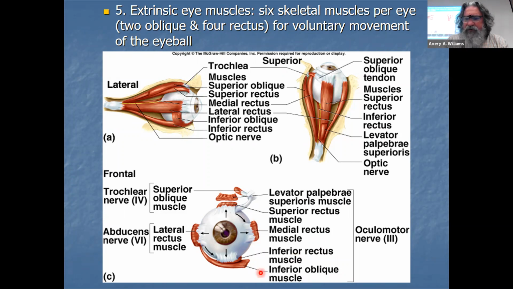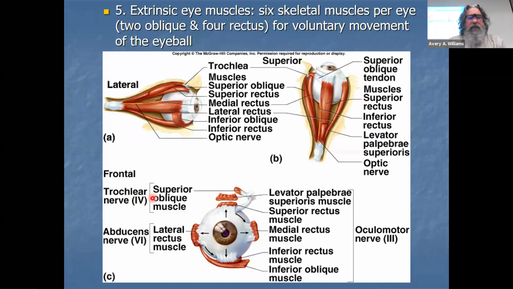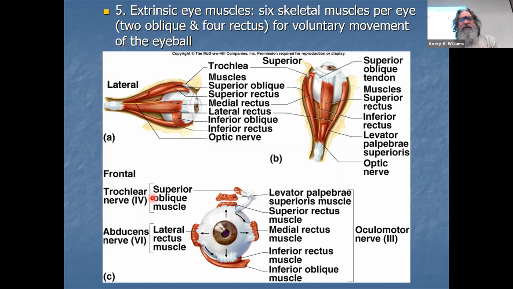And then there's the trochlear nerve, cranial nerve number 4. You get 12 cranial nerves, and they all do all kinds of special great things, but the trochlear nerve only does one thing. It innervates just one of the 6 muscles, the superior oblique muscle.